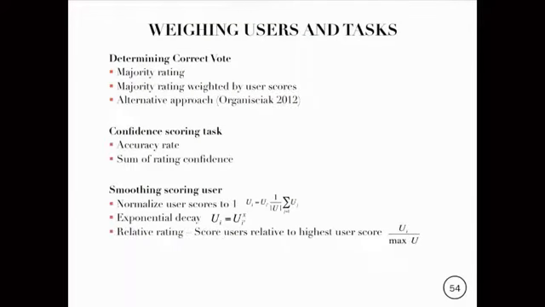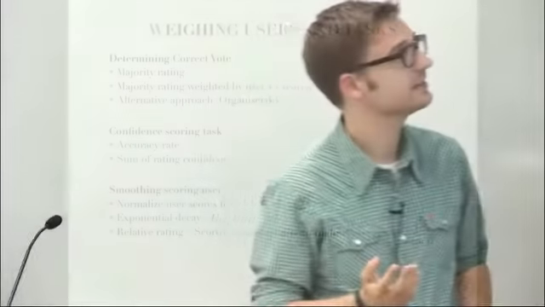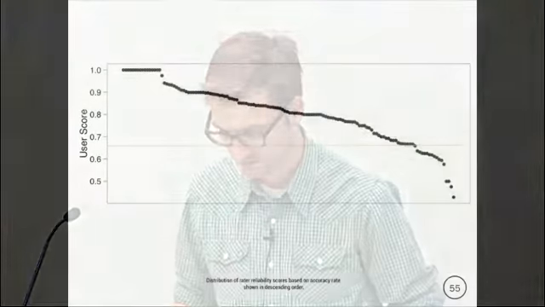So I calculated this in 2 main ways. I won't talk about that third one, but I compared majority rating, which is just taking the answer that the most people say, then majority rating using the user weights. And then I tried different ways of assigning those user scores. The one I showed on the previous slide was the simplest one.